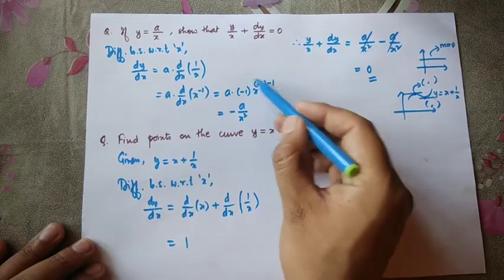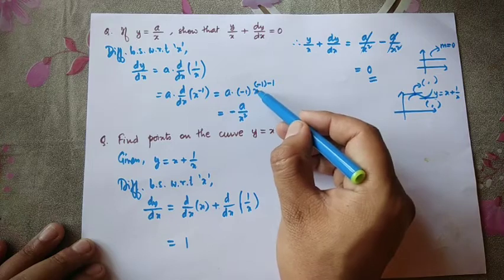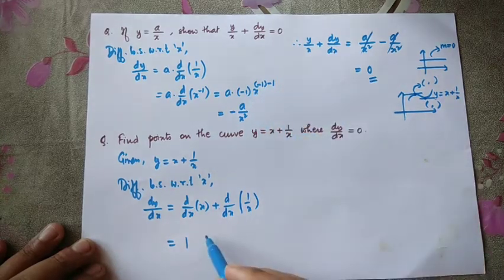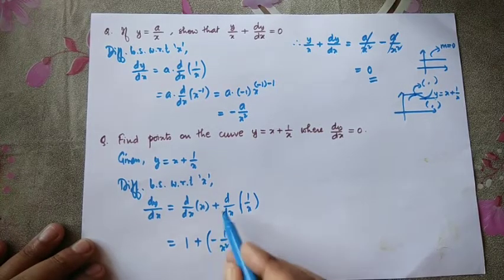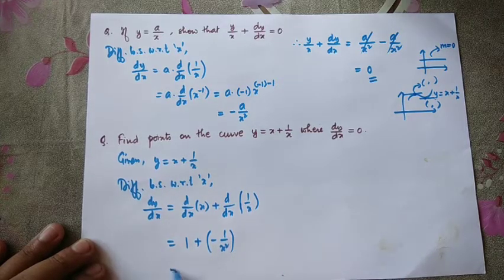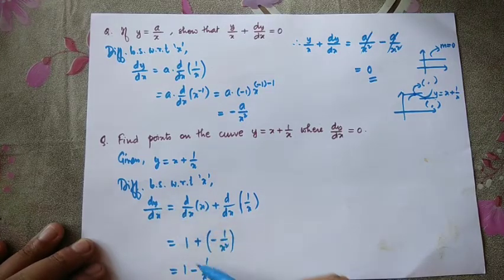From here it is minus 1 by x square, as x to the power minus 2 comes down. So plus, open the bracket, plus into minus is minus. Okay, so this is the value of your dy by dx.